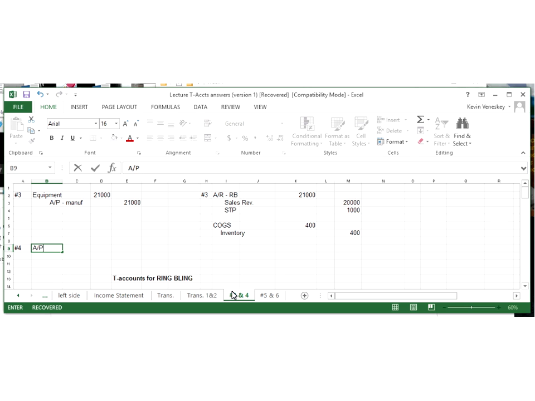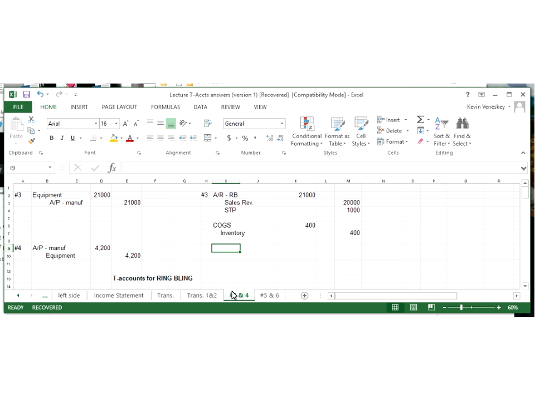So when I go to my transaction, I need to show I no longer owe $4,200 worth of debt because I've returned that product, the cost and the sales tax. But then I also need to show that I no longer have that equipment on my books that was valued at $4,200.